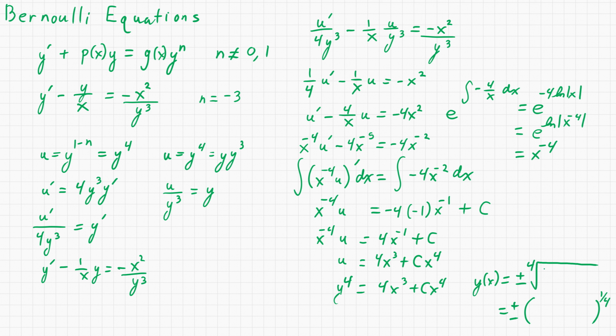Those are the same, and in both of them it's 4x cubed plus cx to the 4th. Written again down here, it's the same thing, just a different way to write it: 4x cubed plus cx to the 4th to the 1/4 power. And there we go, we've solved the Bernoulli equation. On to the next one.